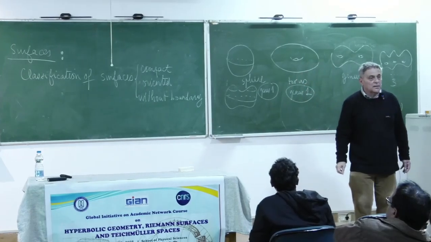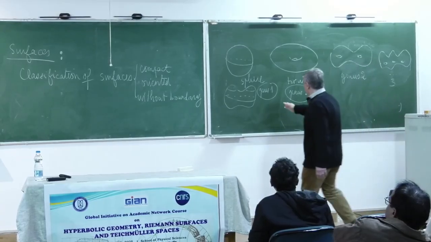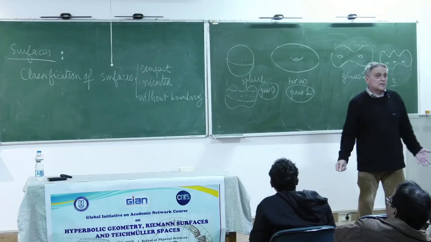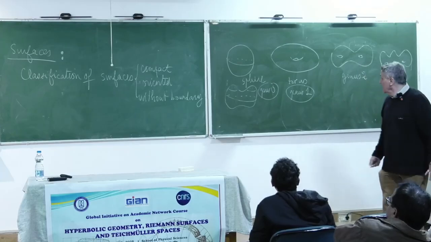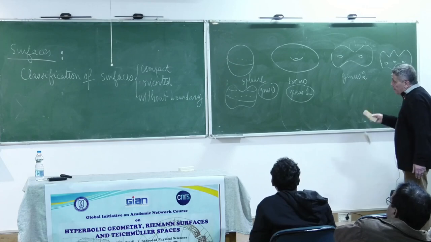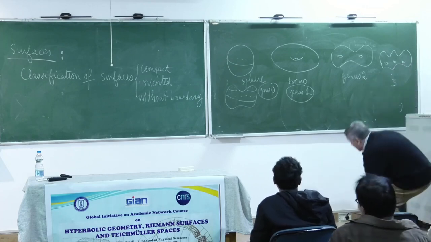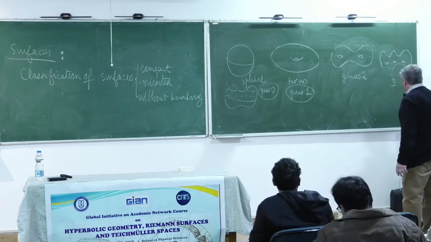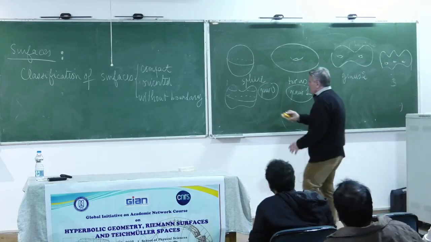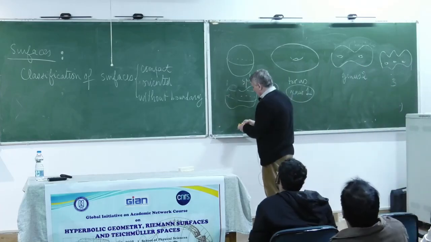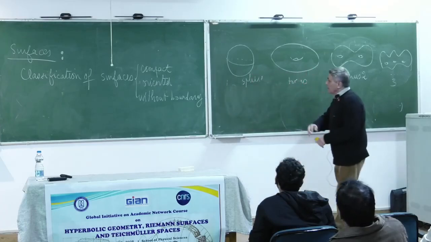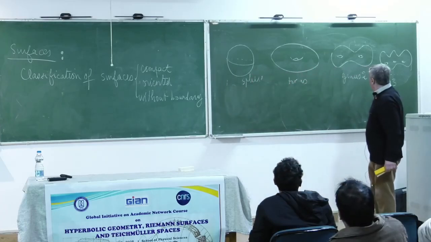These are mostly, not all of them, but the kind of surfaces that we are interested in. This is the topological classification. These are all compact, oriented, and they don't have a boundary.